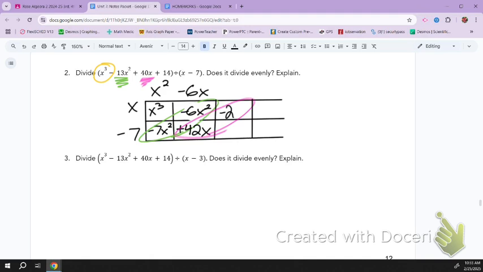Good, so I need a negative 2x up here. So then what has to go over here? A negative 2. And then what has to go here? 14. It just so happens it ends up being a 2 by 3. Does this divide evenly? Yes.